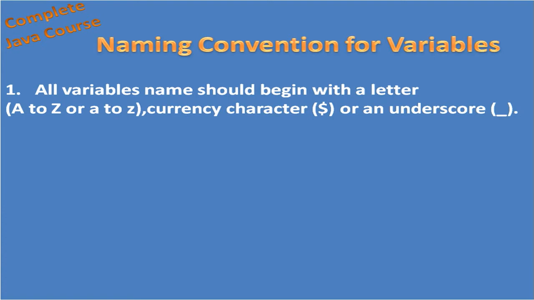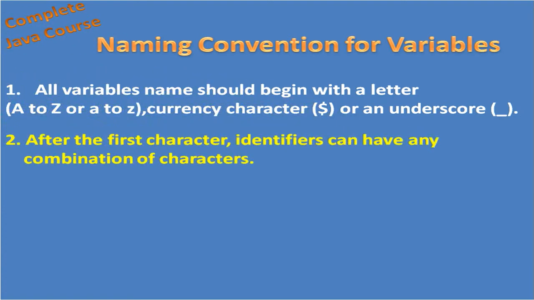So number 1 is all variable names should begin with a letter, A to Z or small a to z, a currency character dollar, or an underscore. So every variable should start with an alphabet. It can be uppercase, lowercase, or the variable name can start with the dollar sign and underscore sign as well.